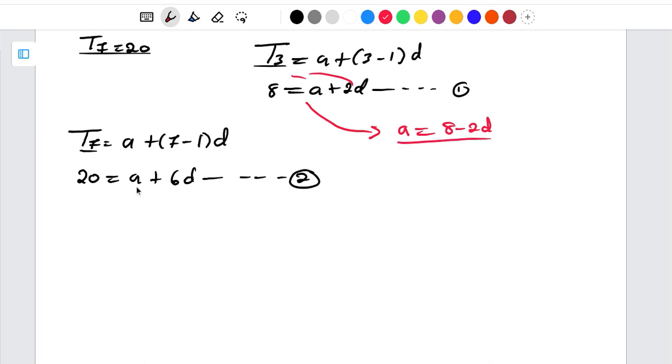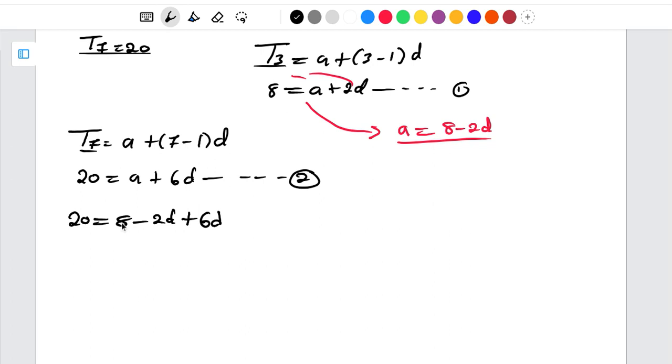Alright, so in the second equation, we are going to put 8 minus 2D where we have A. So we have 20 equal to 8 minus 2D plus 6D.